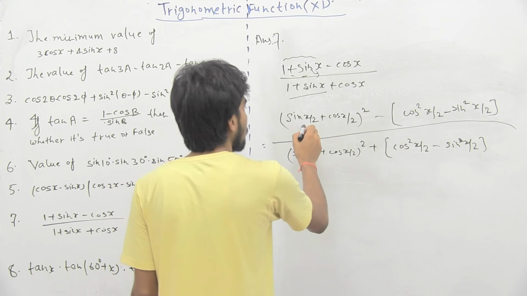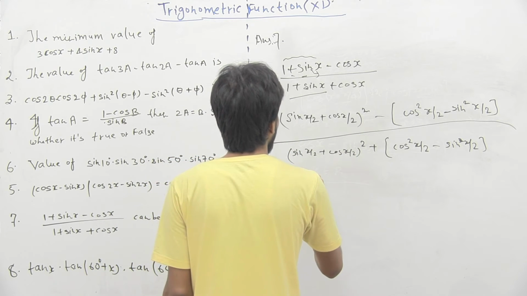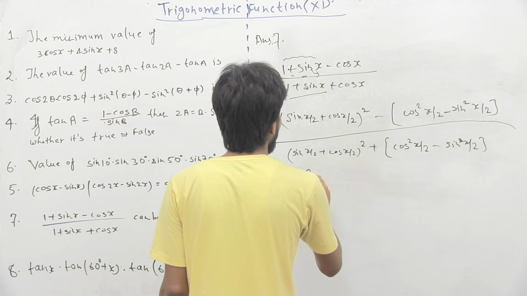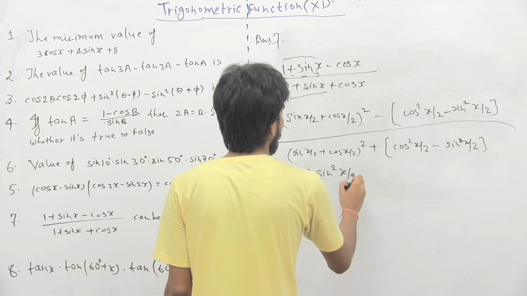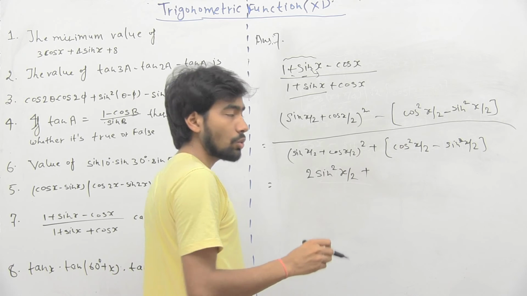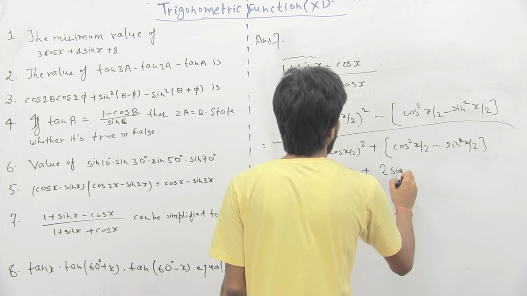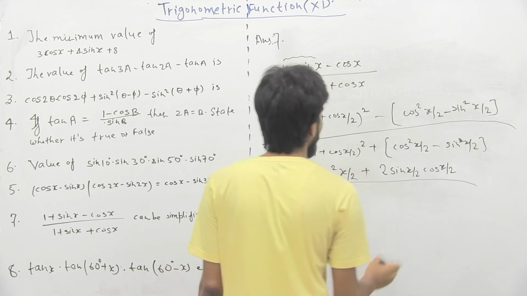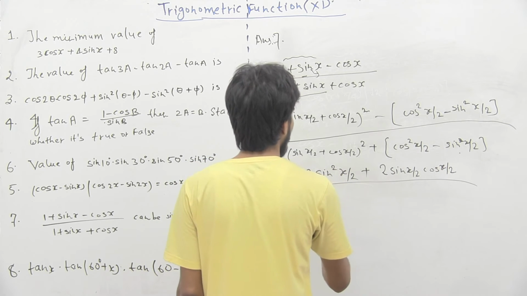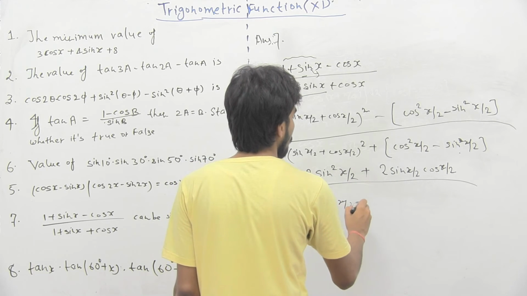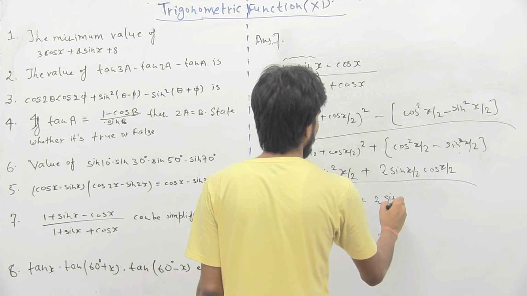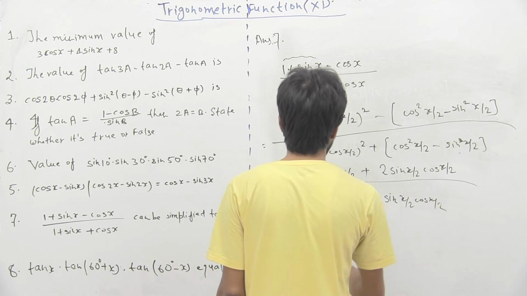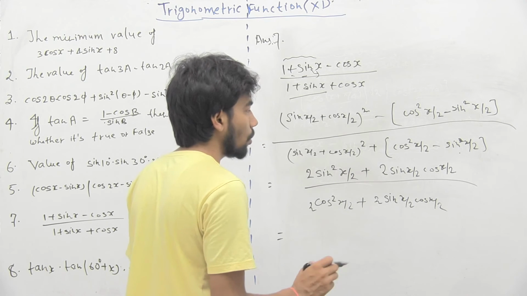Now this term will get cancelled when you square sin square x, and we will have only cos 2 sin square x by 2 plus 2 sin x by 2 into cos x by 2. And in the denominator side this will get cancelled, and we will get only cos square x by 2 plus 2 sin x by 2 cos x by 2. Now cancel out the common terms.